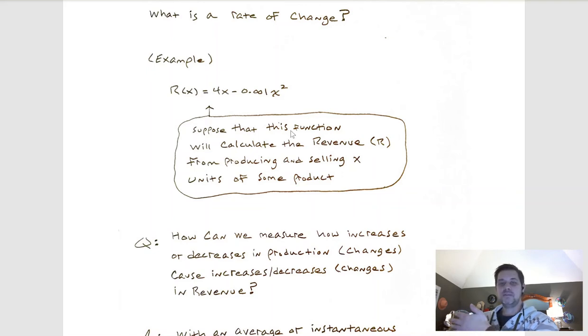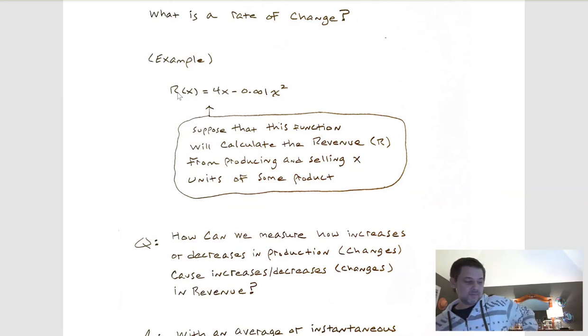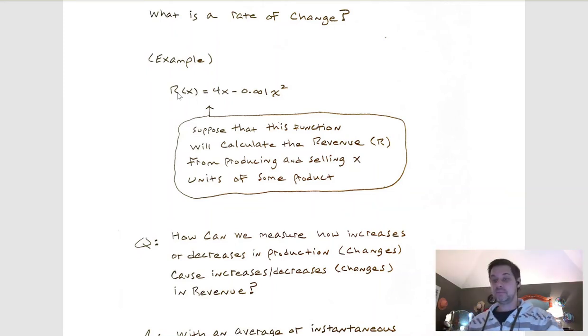So you tell me how many units of the product you produce and sell, and this will calculate an expected revenue from that. You tell me the production, and it calculates the revenue. Maybe you just want to know what the revenue is at a certain level of production. That's one thing somebody might want to know, and that's what this equation does.